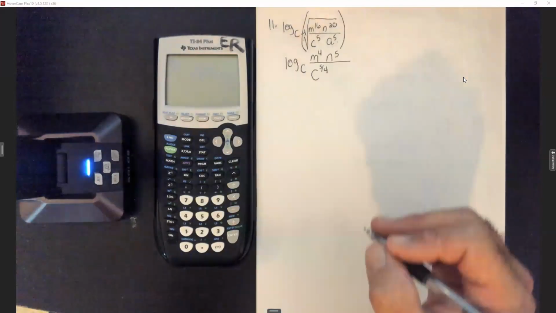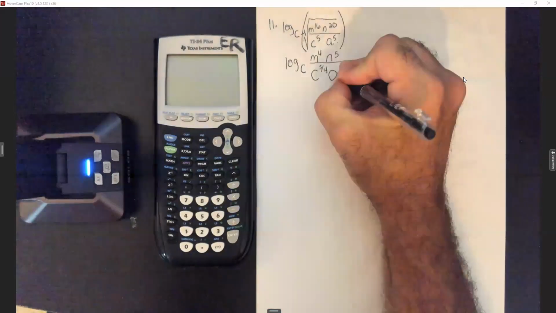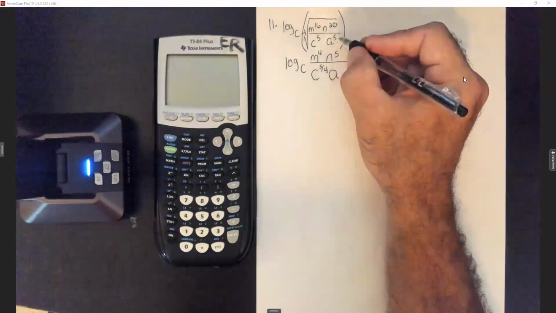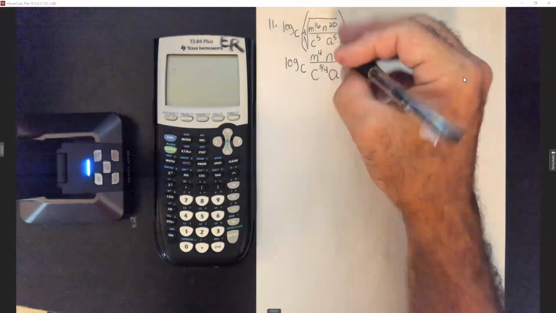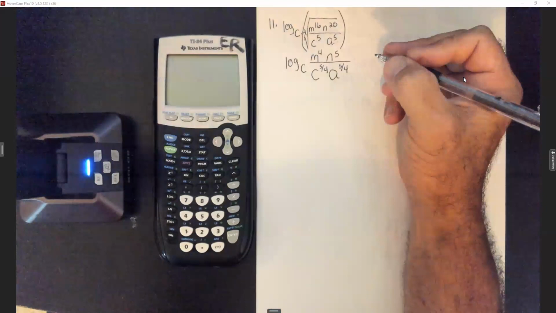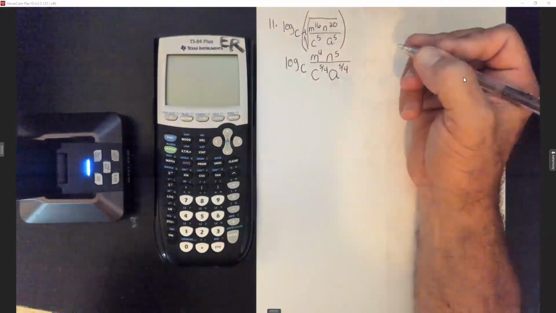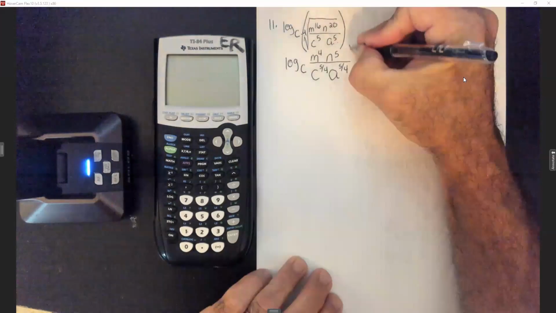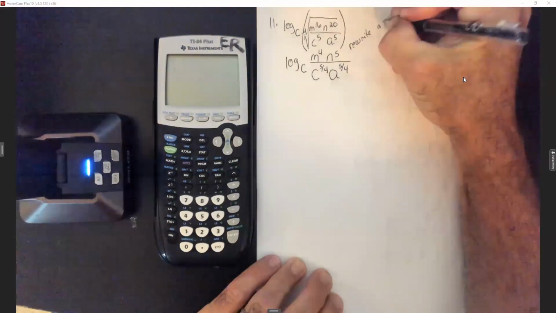And then the A, same thing, it's got a 5, and 5 will not divide by 4, so I'm going to make that 5/4. So what I did here is I rewrote it as fractional exponents.